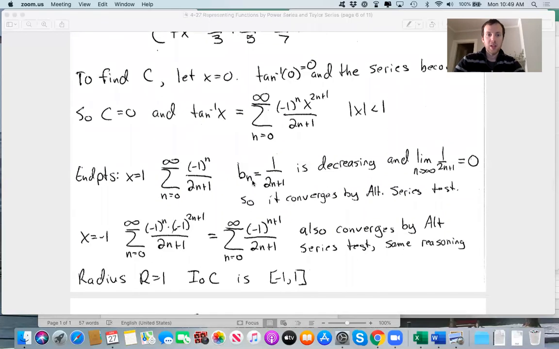So the question we could ask is, if we look at this series, we know it converges, but we can ask, what does it converge to?